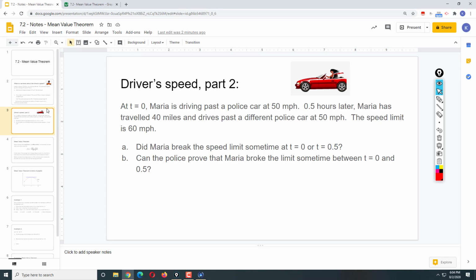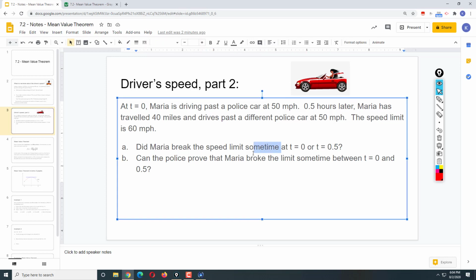Part A. So Maria saw the police car twice. Did Maria break the speed limit at t equals 0 or at t equals 0.5? Well, at t equals 0, her speed is 50. At t equals 0.5, her speed is 50 again.